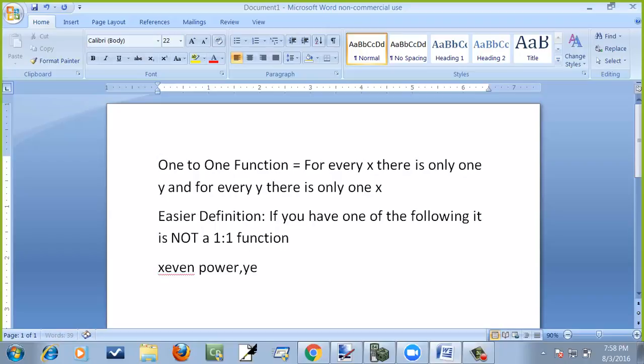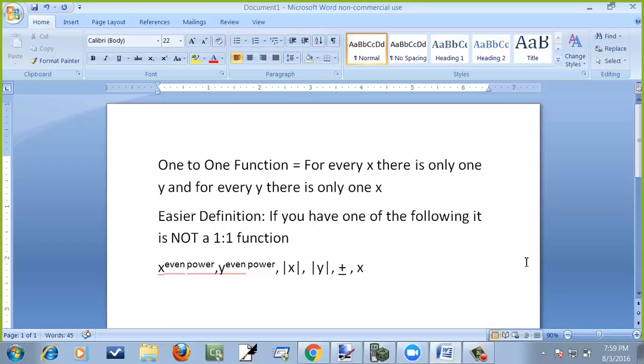If you got y to an even power, if you got the absolute value of x, or if you got the absolute value of y of some sort, if you got the plus or minus symbol, then it's not a one-to-one function.